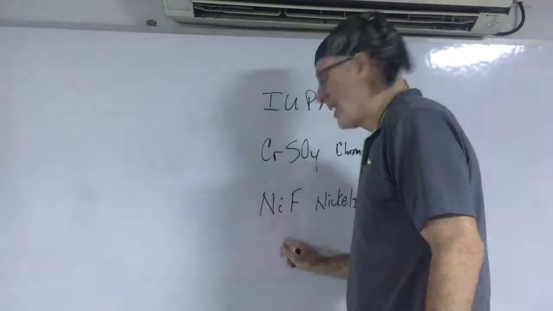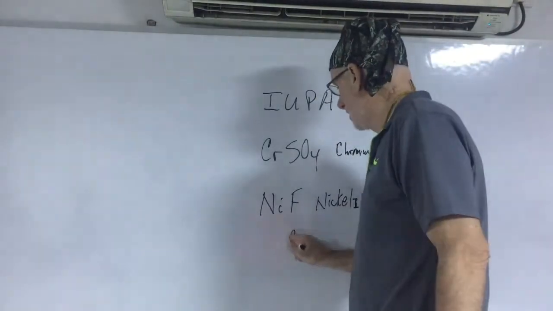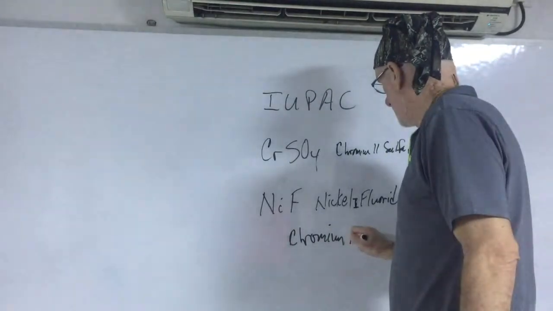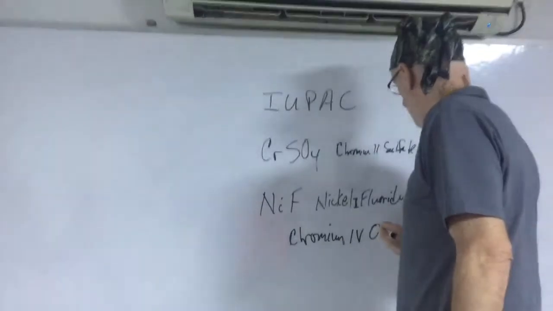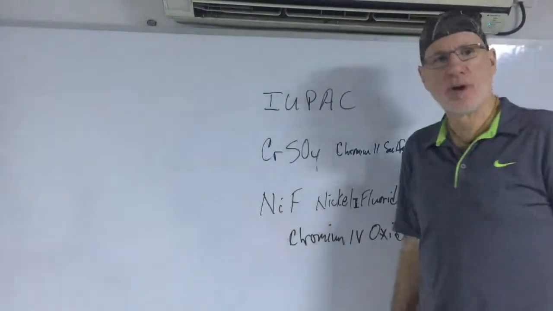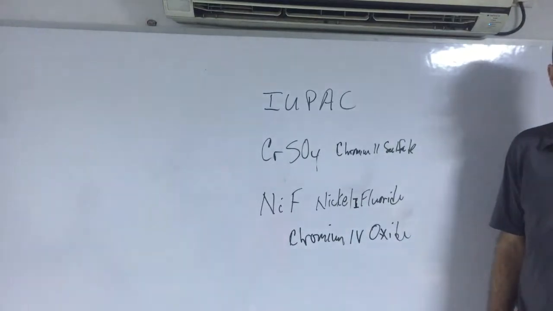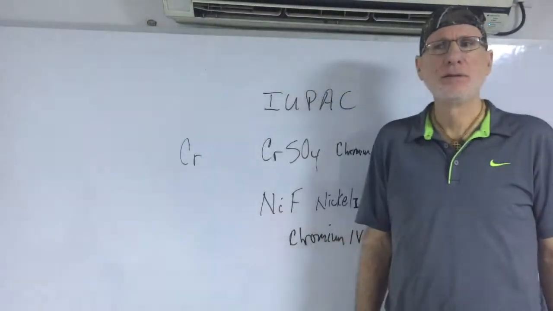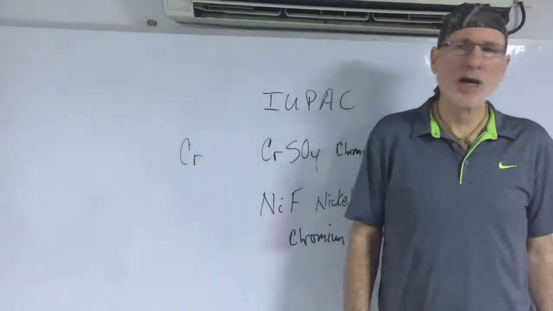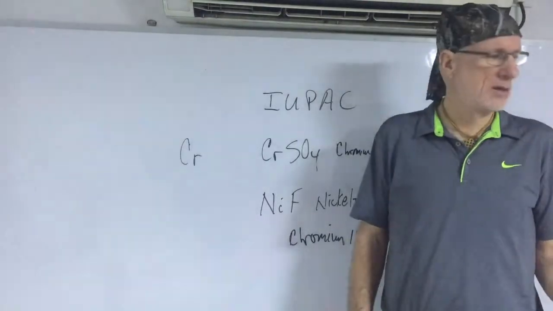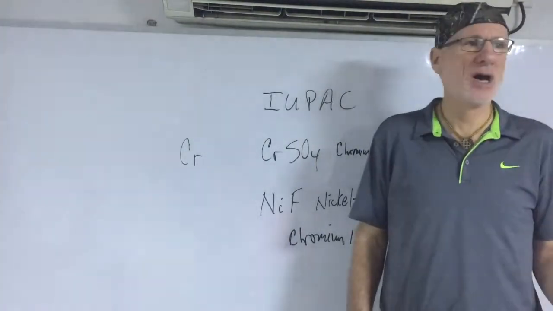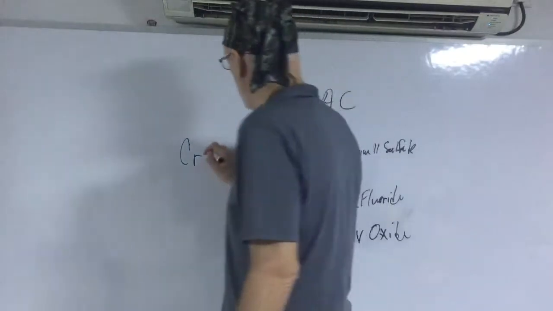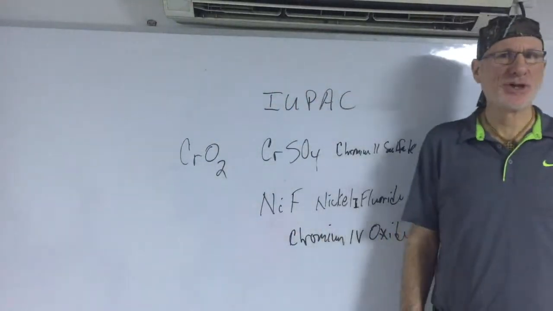If I have, let's say, chromium 4 oxide. What's the formula? Chromium 4 oxide. What's the formula? CrO2.